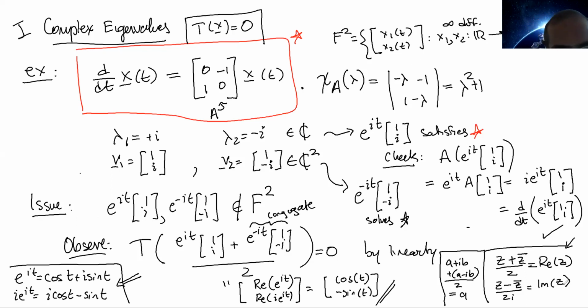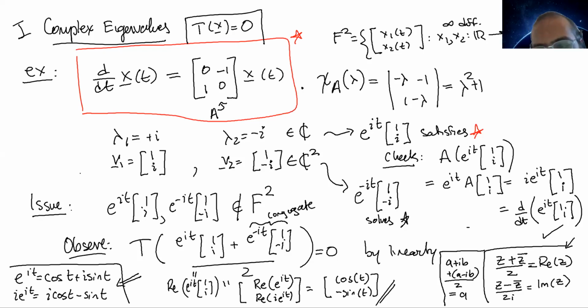So you're wondering why this is the real part of e to the it times (1, i), right? Yeah, in terms of normal complex values, if you add the conjugate, it is the real part. But here you've got the weight of e to the it and e to the negative it.